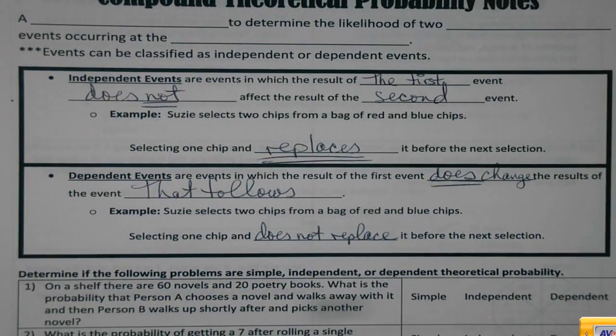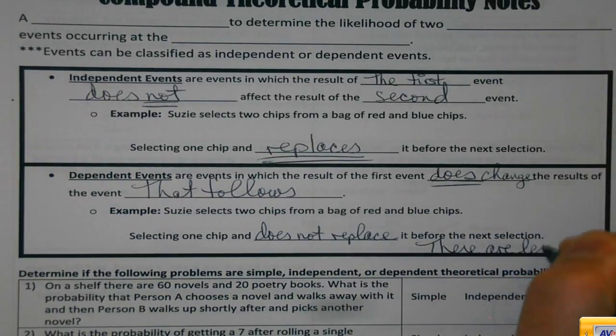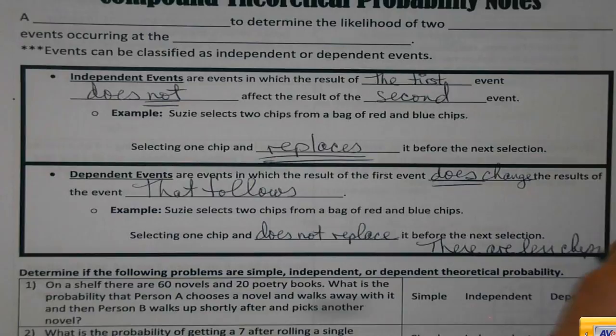So let's just say there were 10 chips in the bag. Okay? If she takes out a red one and keeps it in her hand, now there's only 9 chips. Now the odds have changed. Her probability has changed. Because in this case, there are less chips. Okay?